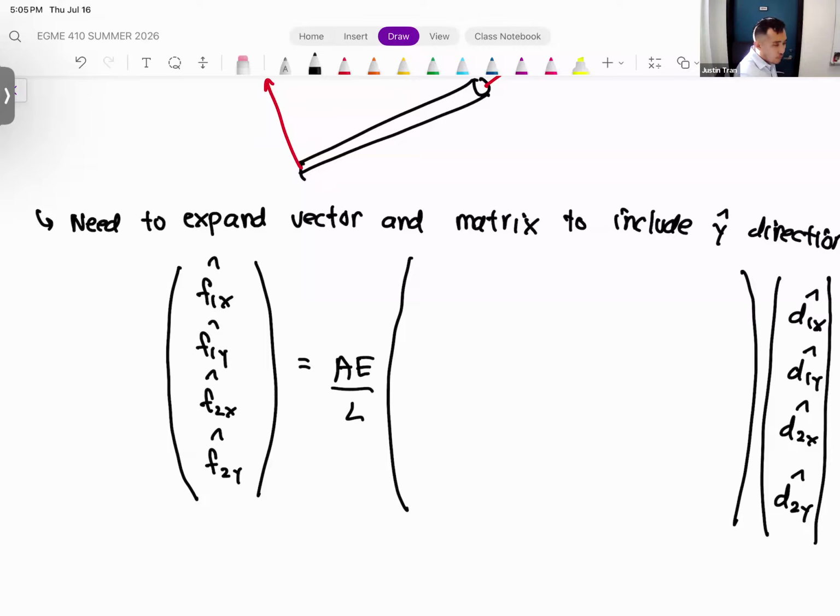We've expanded this to include that y direction, but just because we expanded it doesn't mean we expect deformation in those directions. We're essentially just making slots for it so that we can transform them.